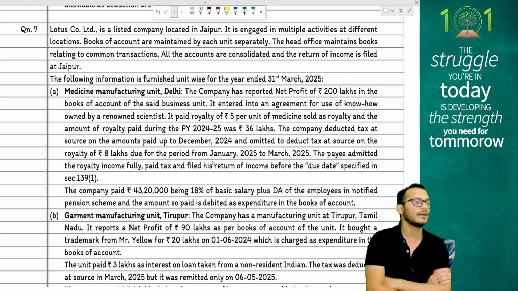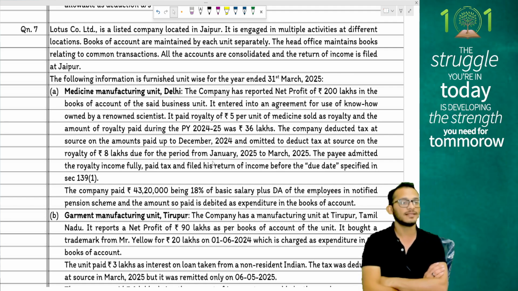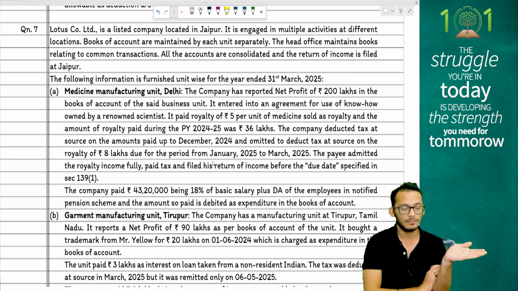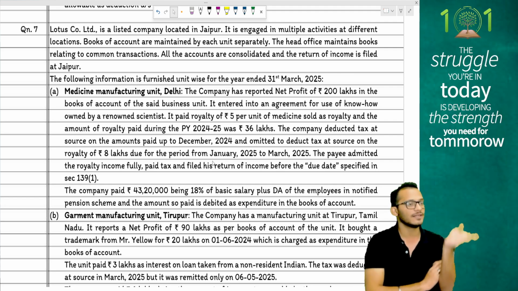Which means for the current year at least, there is a disallowance. People, whom was the payment made to? It's just a scientist. They don't know whether it is resident or non-resident. Therefore, assume resident, to be disallowed 30%. So which means you do nothing, people. Take 200 lakhs and disallow 2.4 lakhs. That is what you'll do. Yes or no? Yes, because every other information is useless.